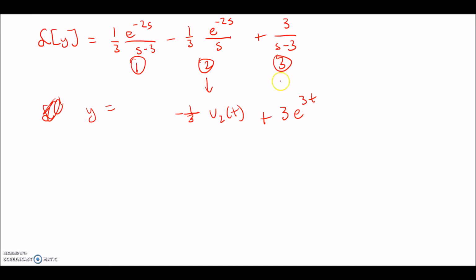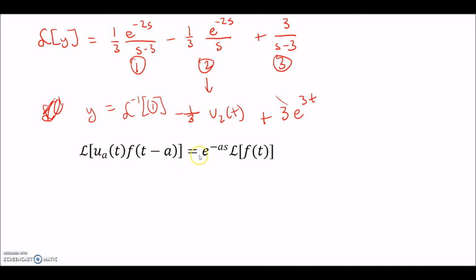The inverse of number 1 is going to be a little bit trickier, so I need to think about how I'm going to do that. Well, here is where we get to utilize the Laplace transform, the second one, which is this one here. It may not seem entirely evident at first how we're going to use this, but I'm going to put that 1/3 out front so that I don't have to deal with it, because I can pass constant factors in and out of integrals and derivatives, and an inverse is really a derivative, if you think about it conceptually.